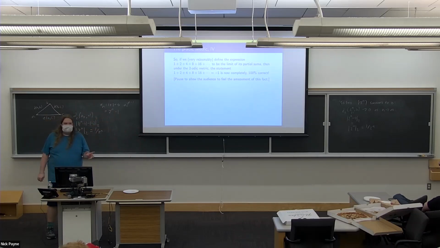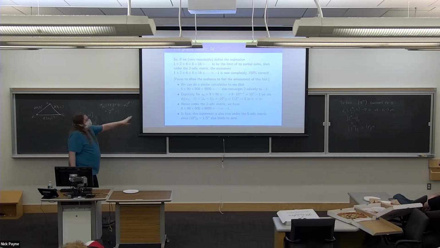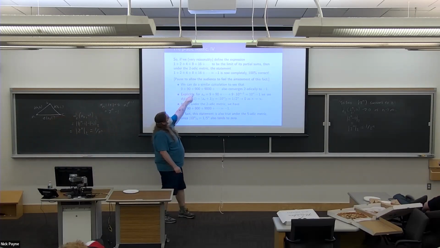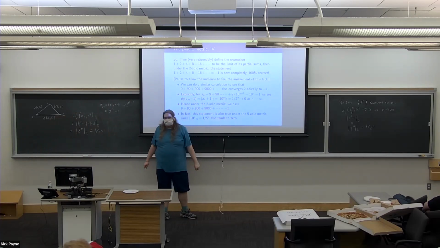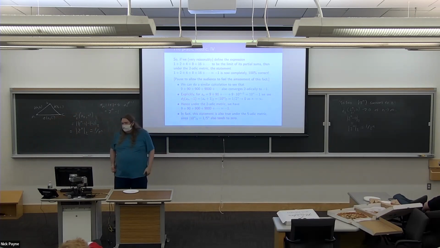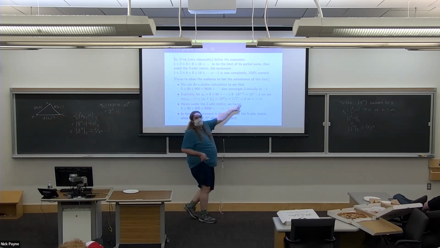So don't let anybody tell you that that's wrong, because it's true. You just have to make sure that you're doing it in the right place, in the land of the 2-adic numbers. Now, I can also do this for 9 plus 90 plus 900 plus 9,000. That also converges 2-adically to -1. If you just write down the partial sums, it's 10 to the n minus 1.